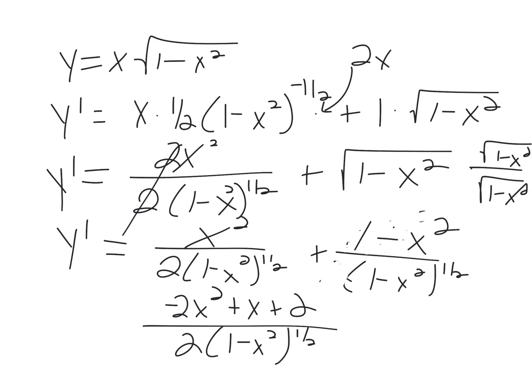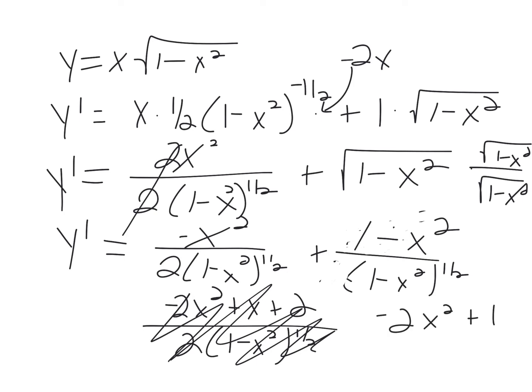So it's going to be negative x squared. That was a negative 2x, my bad. Should have been a negative 2x. So it's going to be negative x squared minus x squared. And that will end up being a negative 2x squared plus 1 over 1 minus x squared to the 1/2. There's your final answer.